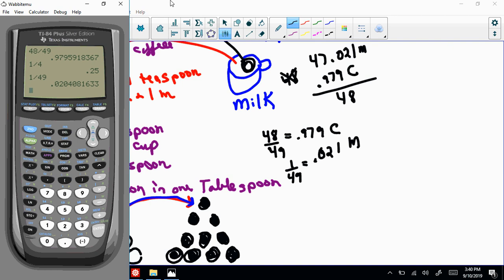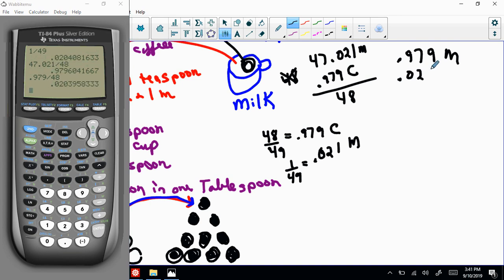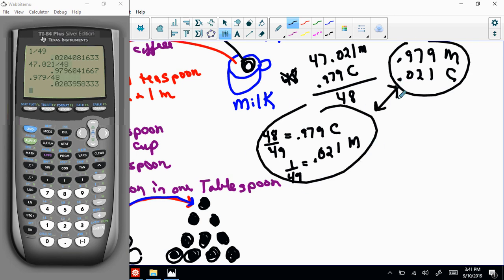So 47.021 divided by 48 is 0.979, or 97.9% milk, and it's 0.979 divided by 48. It's 0.021 coffee, and the ratios are the same.